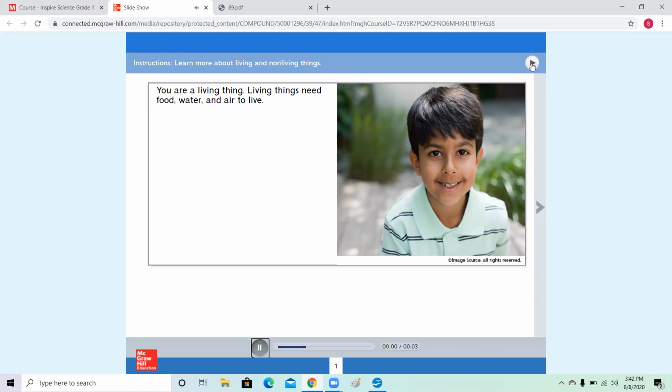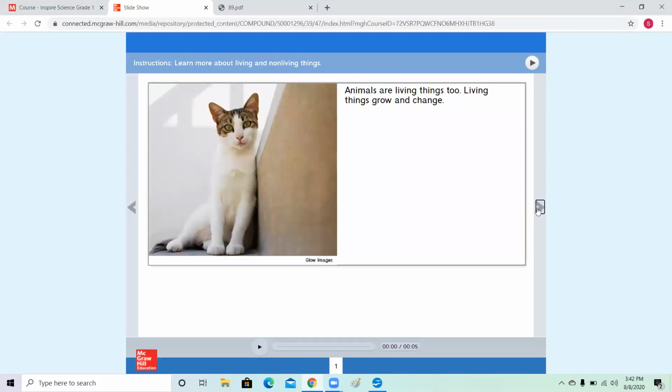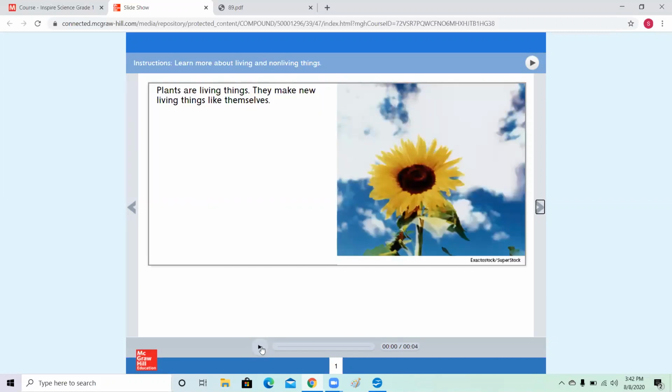Learn more about living and non-living things. You are a living thing. Living things need food, water, and air to live. Animals are living things too. Living things grow and change. Plants are living things. They make new living things like themselves.